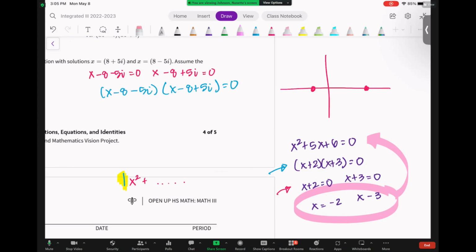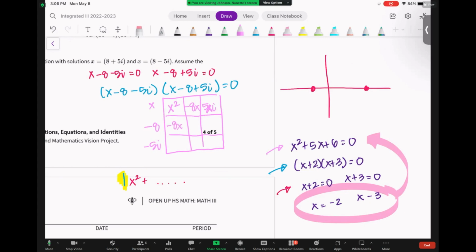And then the next thing, now we've actually multiplied them together to find that quadratic. So what I'm going to do here is multiply these two using the box, because that just keeps everything organized and I don't forget anybody. So I get x squared. I get minus 8x. I get minus 5xi. And then I get negative 8x.